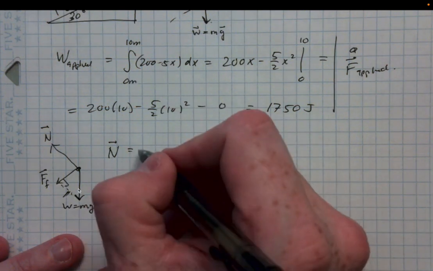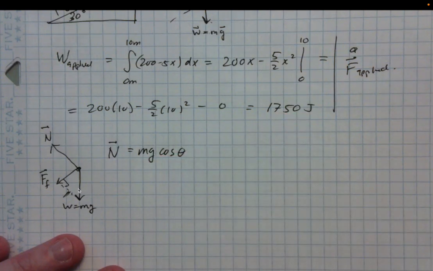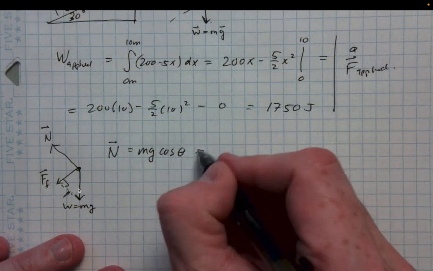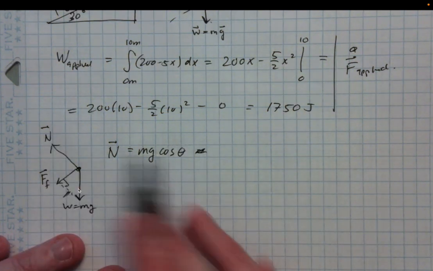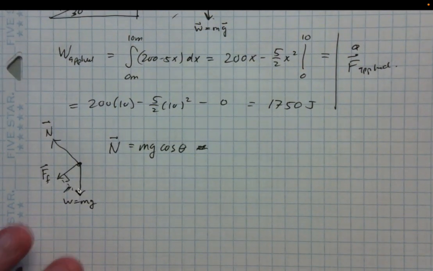So it would be mg cosine of theta, where theta is the 30 degrees. So that's the normal force, and we need that because the normal force helps dictate the friction force.